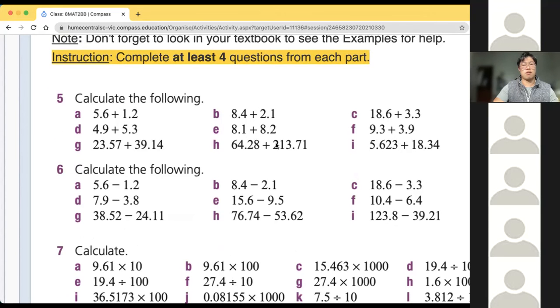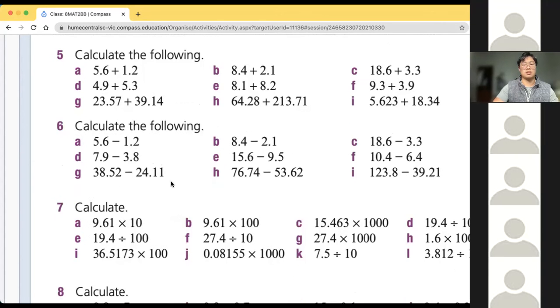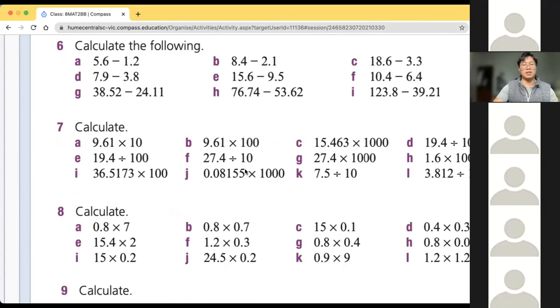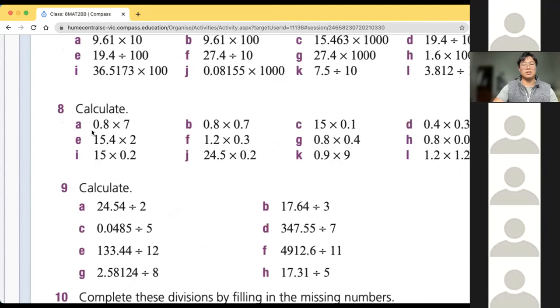You can see here, 4 questions from here. You pick 4 questions and you try them. In part number 6, you pick 4 questions out of here and you do them. In question number 7, you pick another 4. In question number 8, you pick another 4, any of them, any 4.